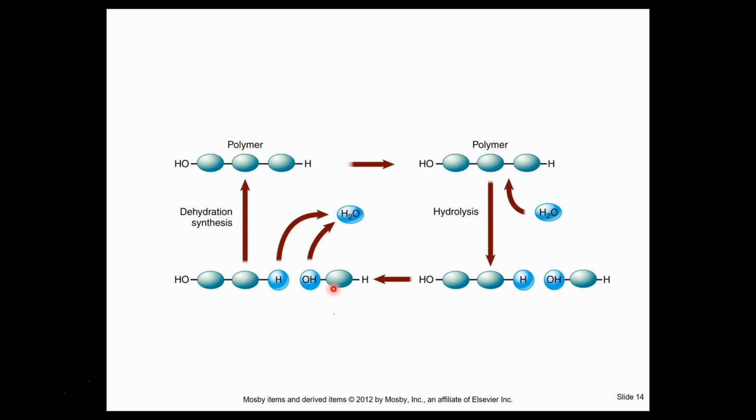Okay, so let's see how the liver accomplishes it. Of course, with the help of enzymes, but the bottom line is that this glucose will join this glucose by losing, one of them will lose the hydroxyl group and another will lose the hydrogen.